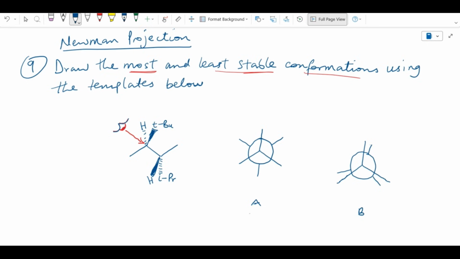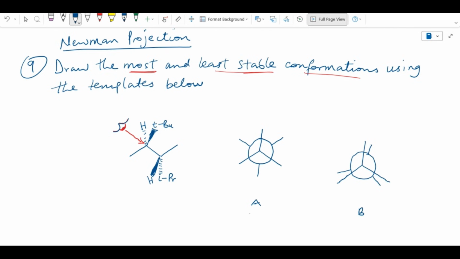if you view this compound from this angle that we have here, remember that wedge bond simply means that that bond is coming out of the screen and pointing towards you, okay? Whereas right now, this hydrogen that is on a dash bond is pointing away from you towards the back of the screen.